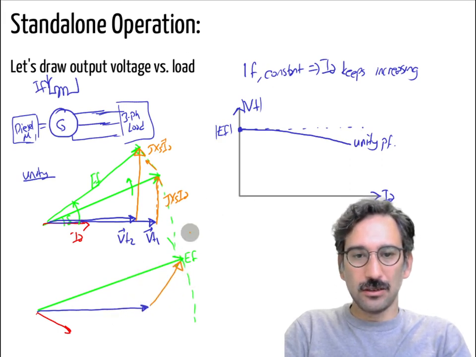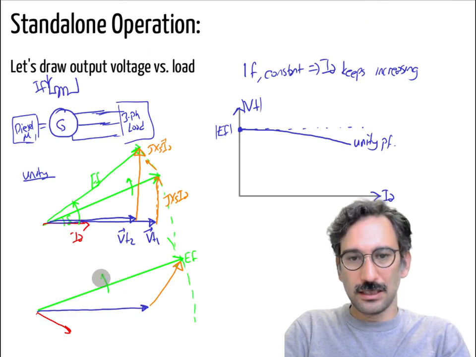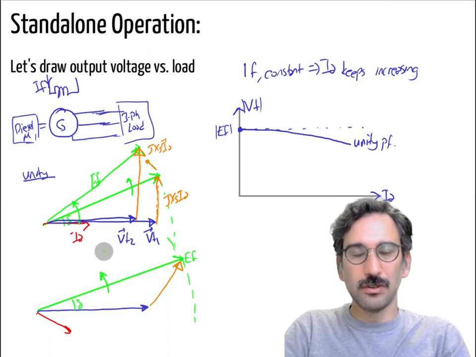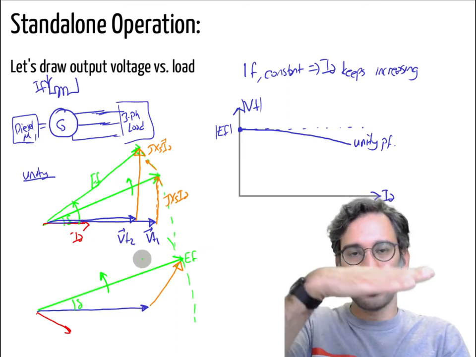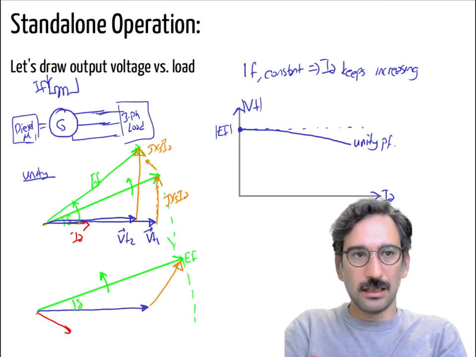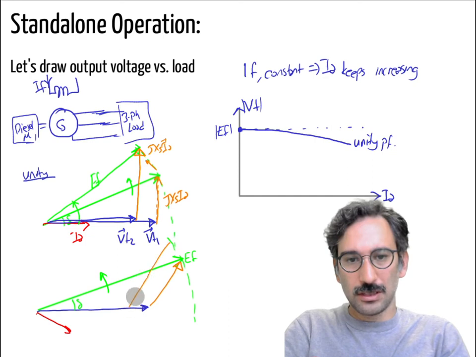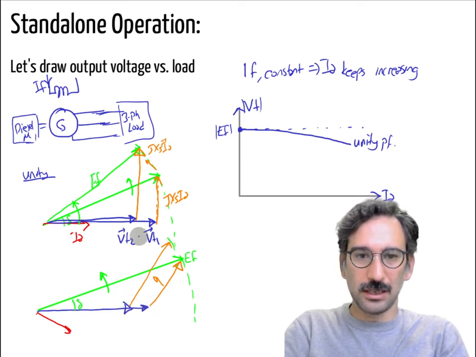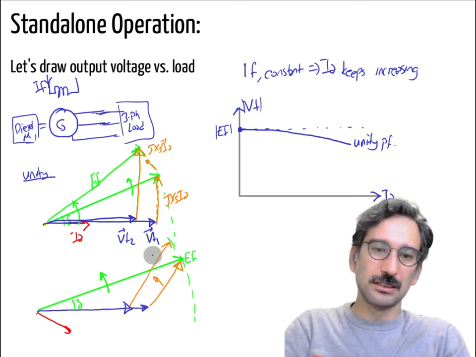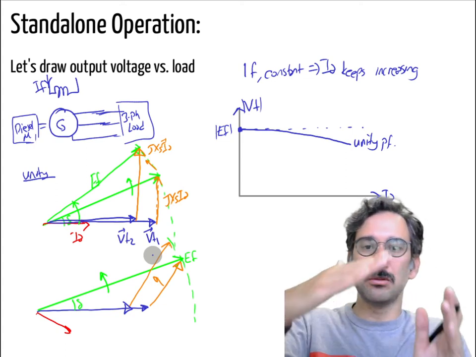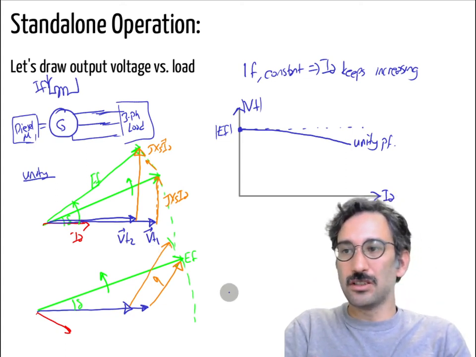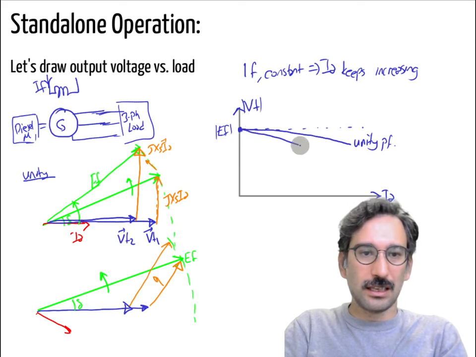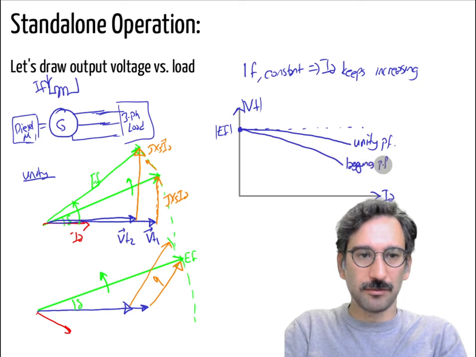As the load is increased, that will move in the counterclockwise direction, increasing the load angle, and therefore our jXs component will go like that, and you will have less and less voltage. My drawing is not accurate, but if you do it for the same values, you will see you have a larger voltage drop with the lagging power factor. So lagging power factor will be here.